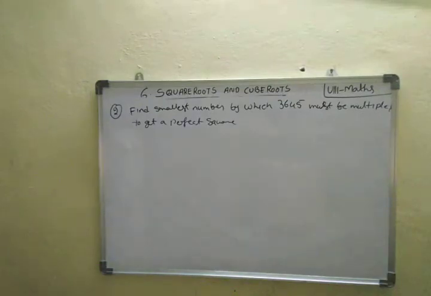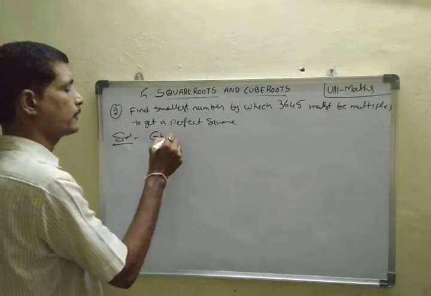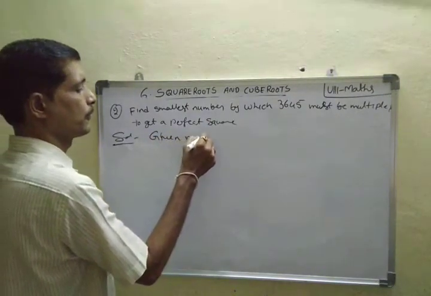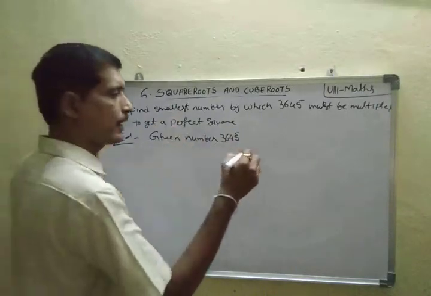Here what is the given number? The given number is 3645. Write the prime factorization.